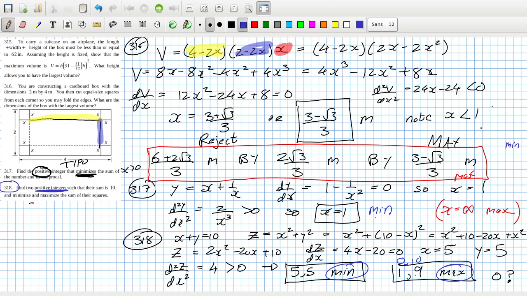If x is 1, would be 2 by 0 by 1. Those dimensions would be a minimum. And then for 315, they only want the largest. The smallest would be 0, by the way. The minimum would be 0 by 0 by 62.